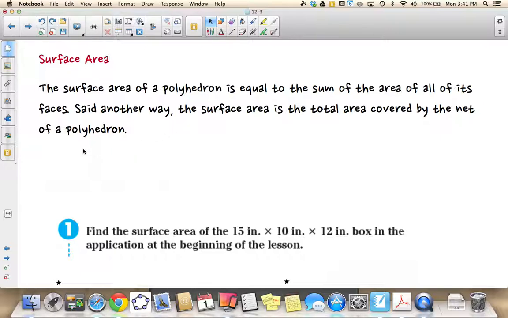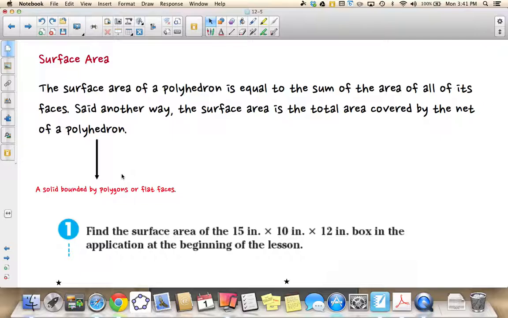Now, a polyhedron is nothing more than a solid bounded by polygons or flat faces.